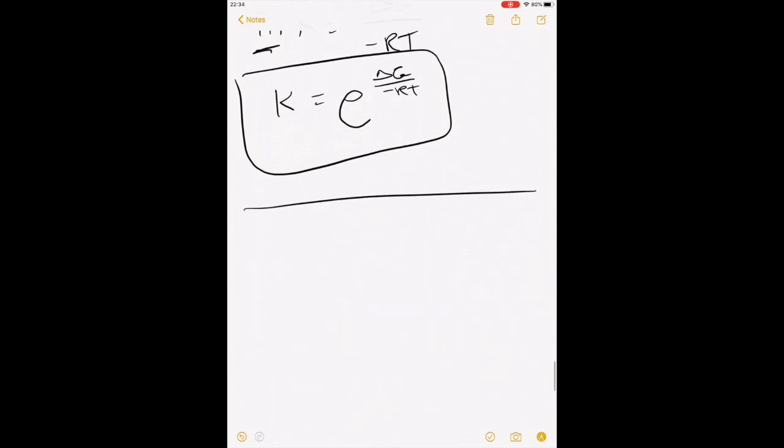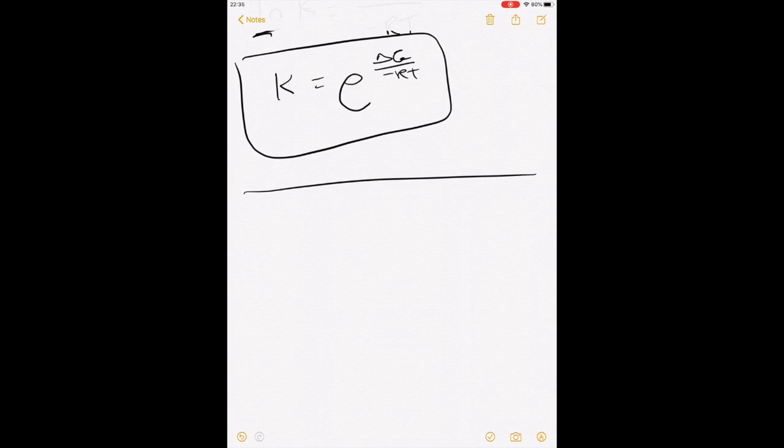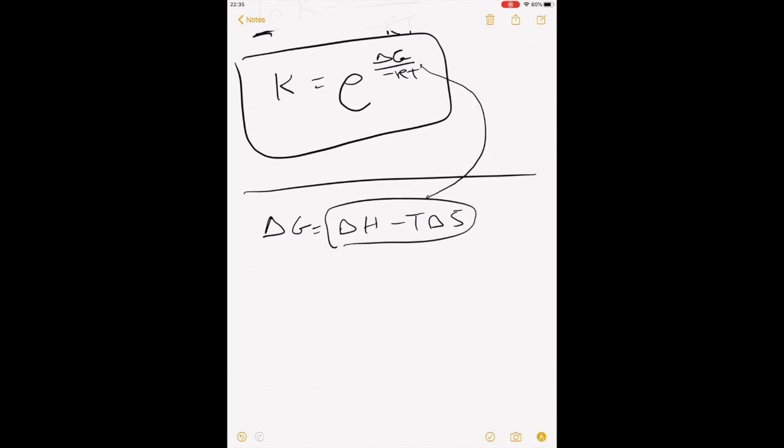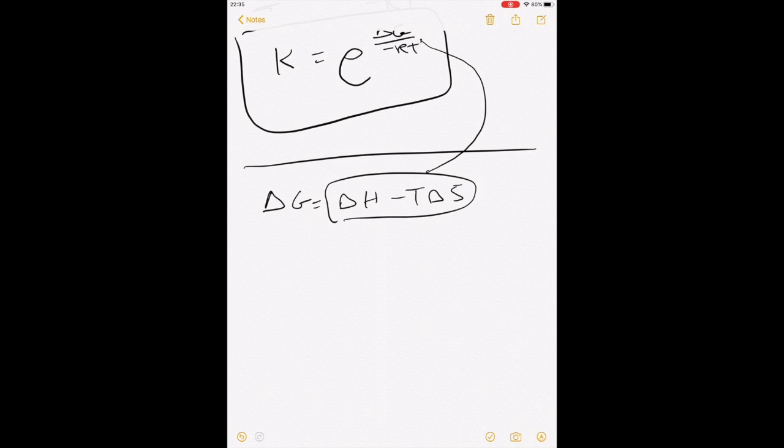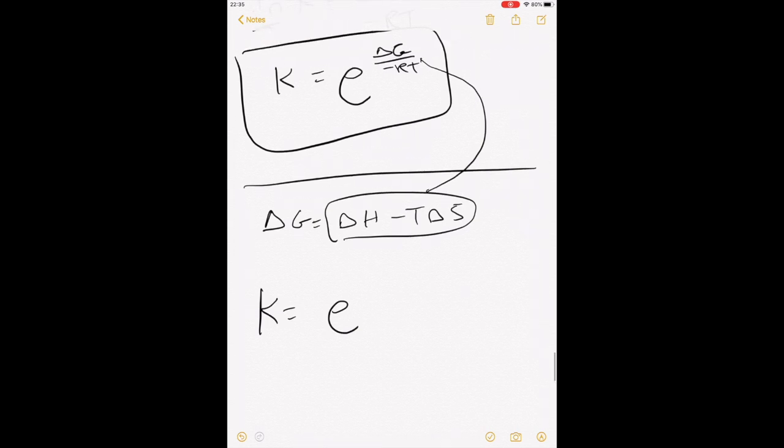Let's look at B. So we're still on question 10 part B, and it says here, if I have delta G equals delta H minus T delta S, then I should be able to replace that part and just put it here. And that's what we could do. You say K equals e and then just replace it. So don't forget the negative sign.